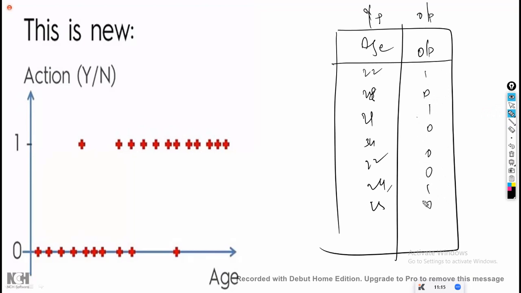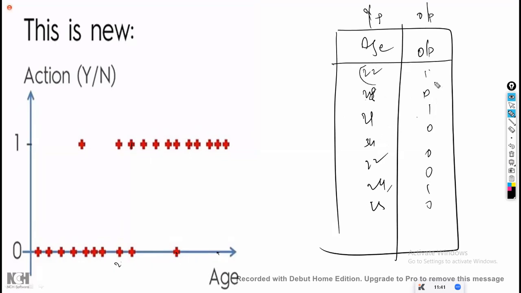Now if I make a scatter plot, what happens? Some data points, for example 22 comma 1, this is the 22 comma 1 data point. Next 28 comma 0, this is 28 comma 0. 29 comma 1, this is 29 comma 1. 34 comma 0. If you make a scatter plot between them, all the data points will lie either on 0 or 1.